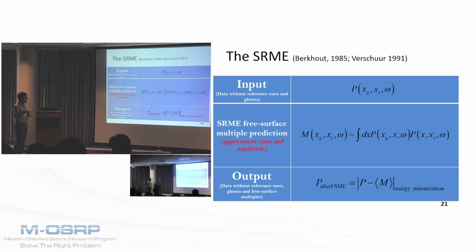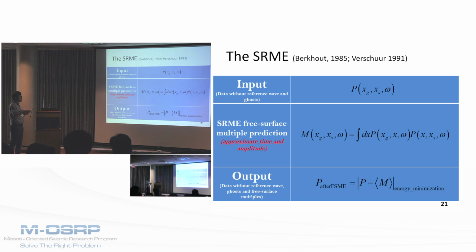And because this SRME prediction provides an approximate amplitude and approximate time, to obtain the output without the free surface multiple, an adaptive subtraction procedure is required, usually with an energy minimization to obtain the output.